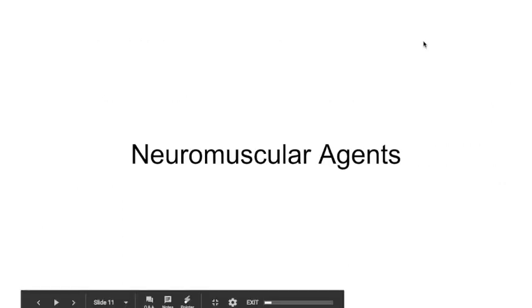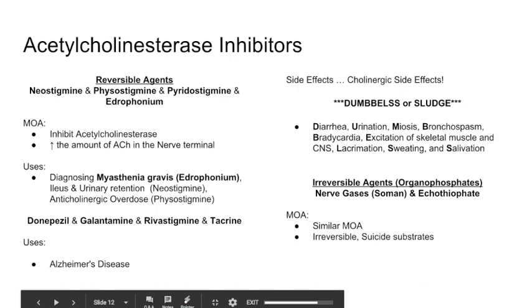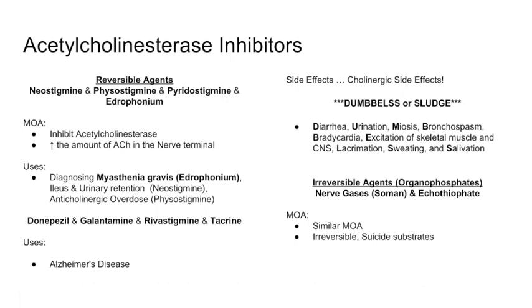So we'll finish up this section just talking a little bit about the neuromuscular agents. As I was saying before, you have the acetylcholinesterase enzyme in the nerve terminal, which can break down acetylcholine and reduce its transmission. But we've found that we can block the acetylcholinesterase and have some effects that get around the problem of giving a muscarinic agonist.